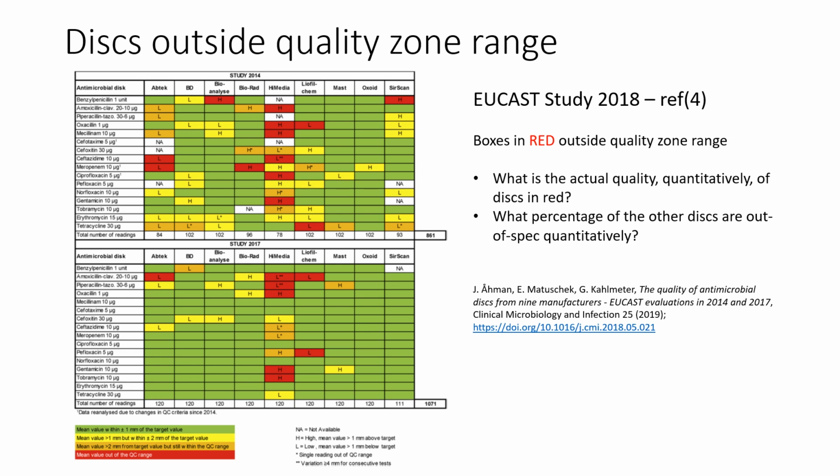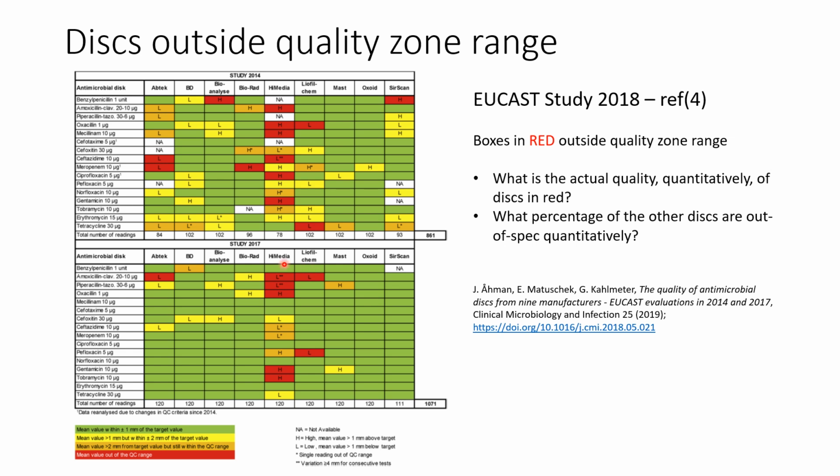These are the ones that are in red, and the ones that are in green are in spec, and the other colors are ones that are close to being out of spec. And what you can see is that there is a general improvement between 2014 and 2017. What you don't know is how many are in spec or out of spec quantitatively.